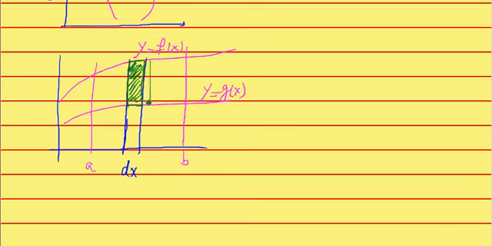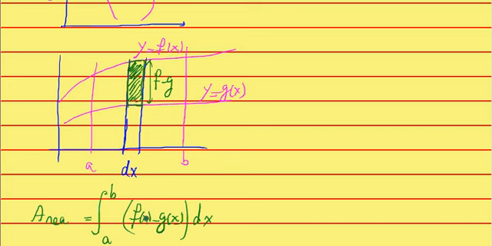The height of this is f minus g, and so the area I want to calculate is going to be f of x minus g of x, which represents the height, multiplied by dx, which is the width. And then I have to do my integration from a to b, so I'll just calculate the integral from a to b of this, and that whole thing is just going to be the area.